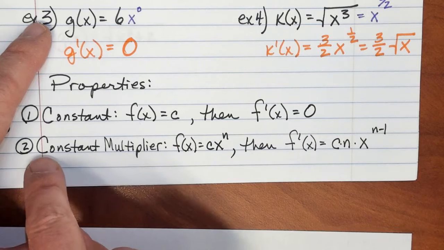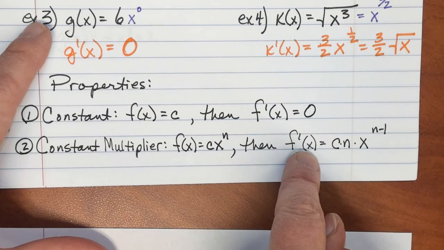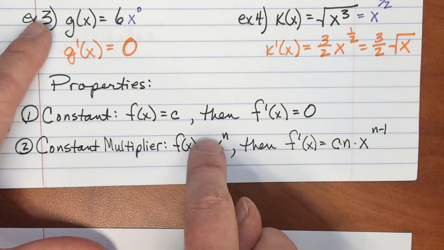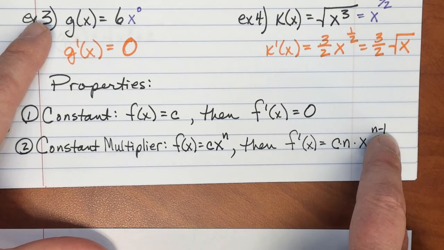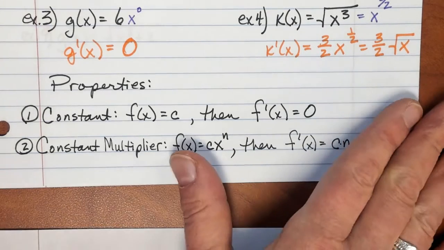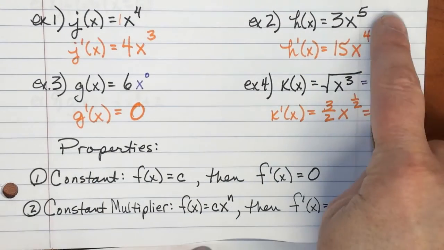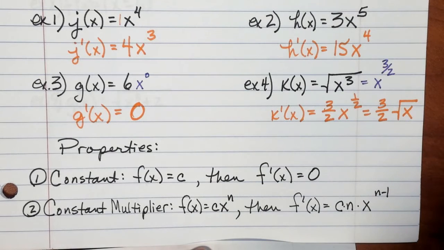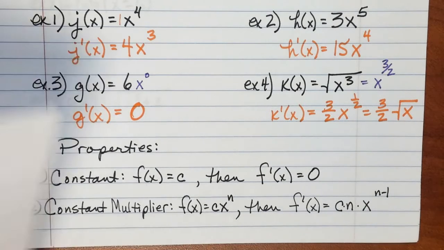If you have a constant multiplier or coefficient in front, and it can be positive or negative, any integer right there, then the derivative is going to be that n times the c and then times the x with the reduced exponent. We did that right here in example 2, where we brought the 5 down times the 3. That's an example of this property right here.